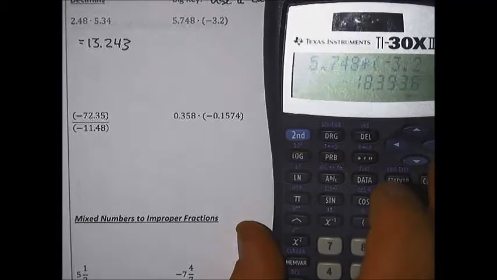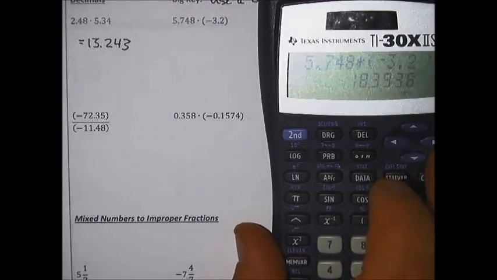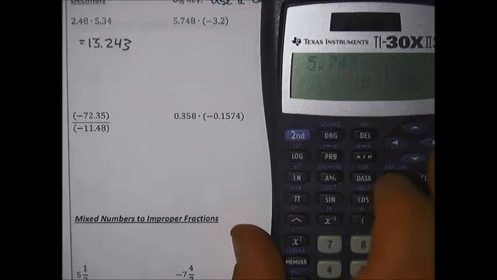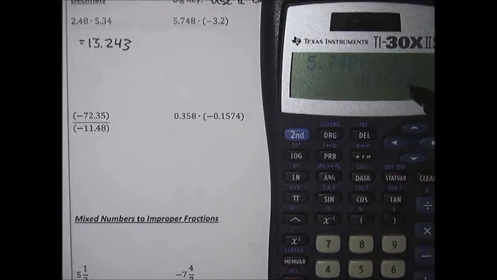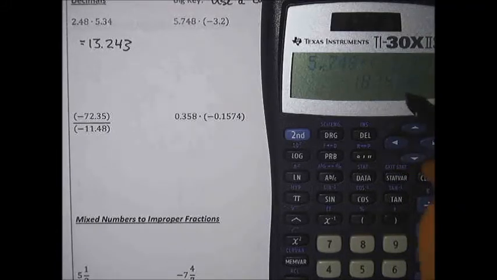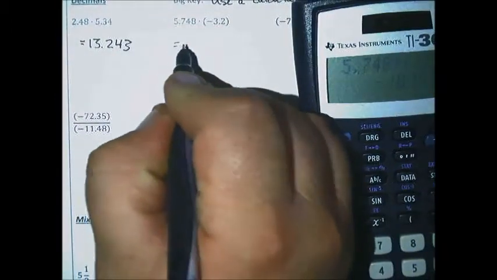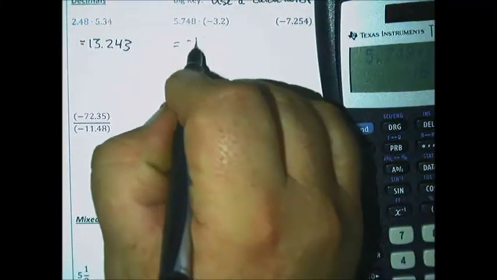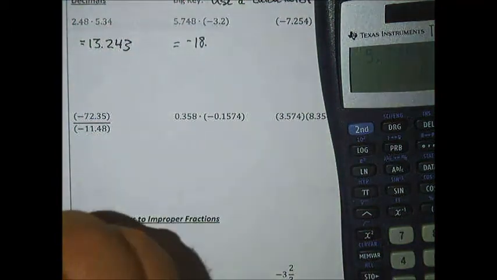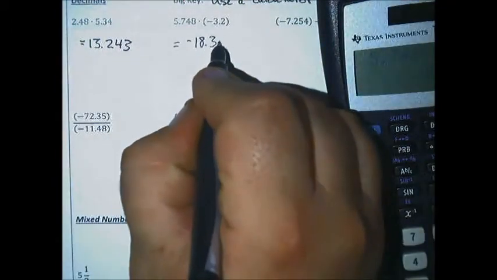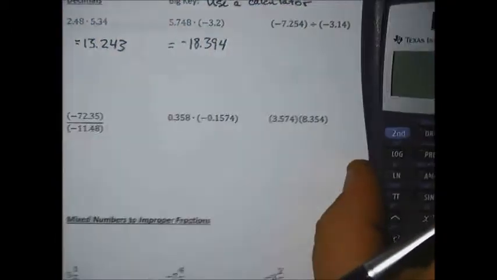And so what I get here is 18.3936. Since that fourth digit past the decimal point is a 6, we're going to round the one before it up. We're going to round that to a 4. So I'm going to get negative 18.394. That'll be my answer there.